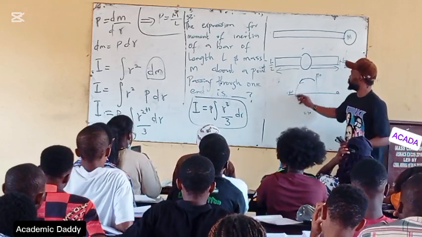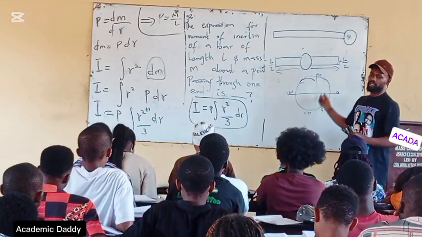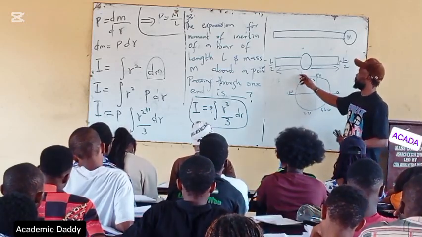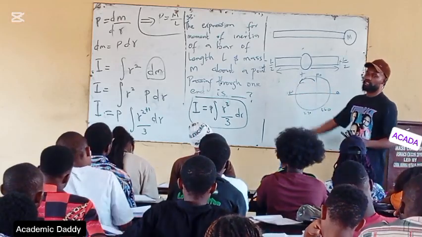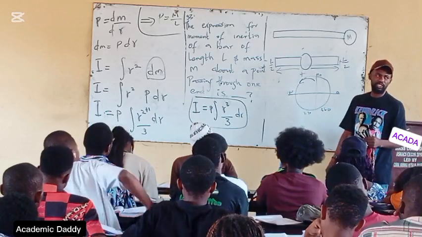If I'm going this way, I'm going the way that respects these coordinates, from 0 towards 90. So this is considered positive. In rotational motion, going counterclockwise is considered positive.